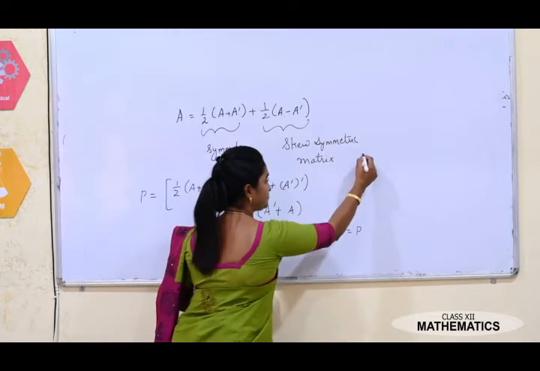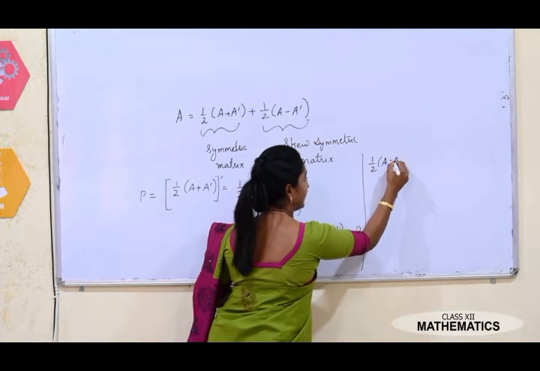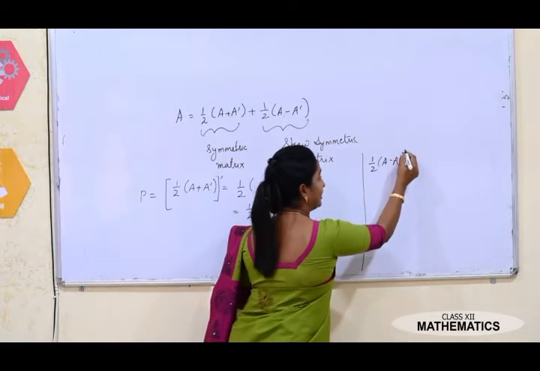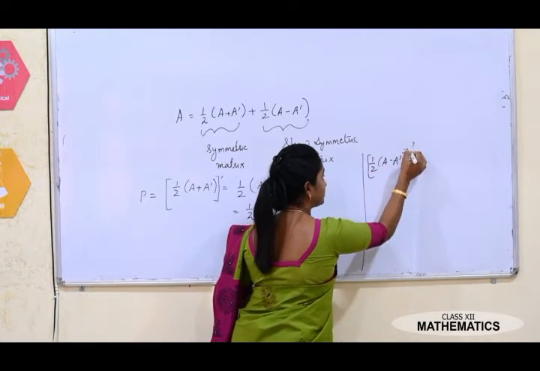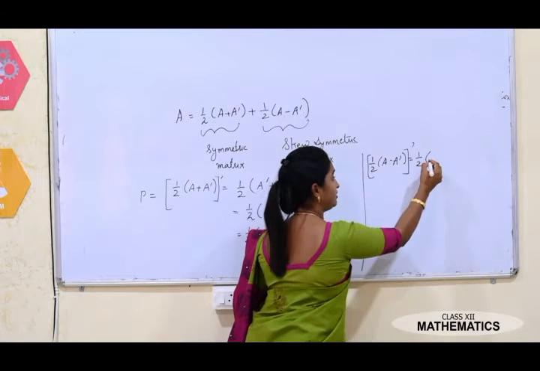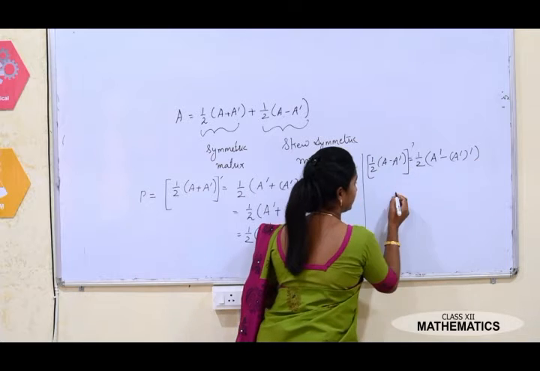Now we'll see that half of A minus A dash is skew symmetric, okay? For that, again I'll take the whole dash. So half, you take out, again apply the property here, A dash minus A dash the whole dash, okay?